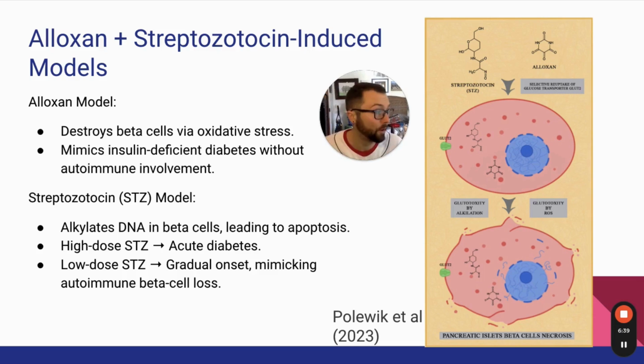And then for the streptozotocin model, this is a less direct ROS inducer. It does this by specifically messing with the DNA of the beta cells.